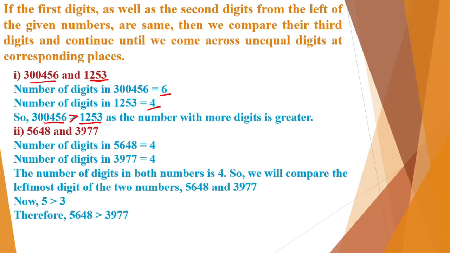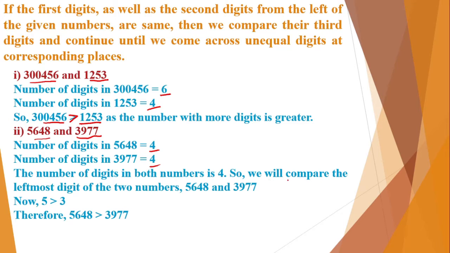The next example we have is 5,648 and 3,977. We just check the digits, and the digits were 4 and 4. So 4 and 4 were equal. At that time we checked their leftmost digit, as I told. The number of digits in both numbers is 4.